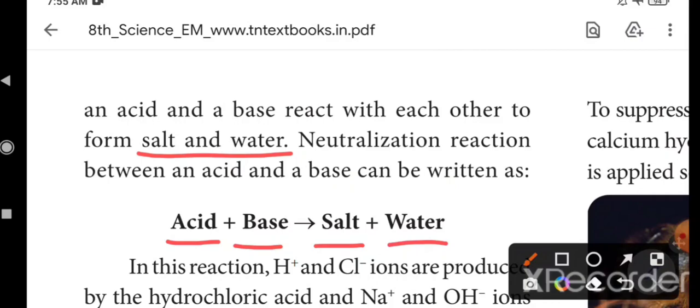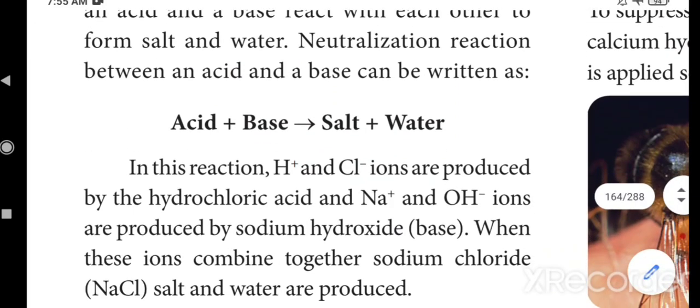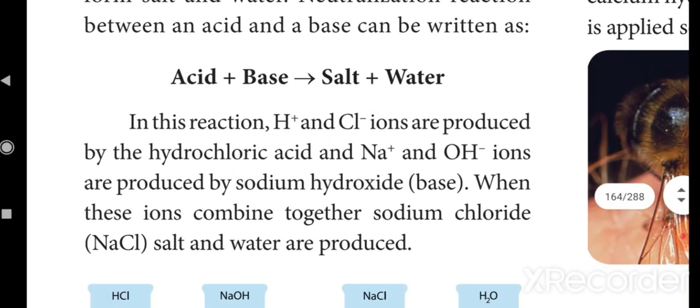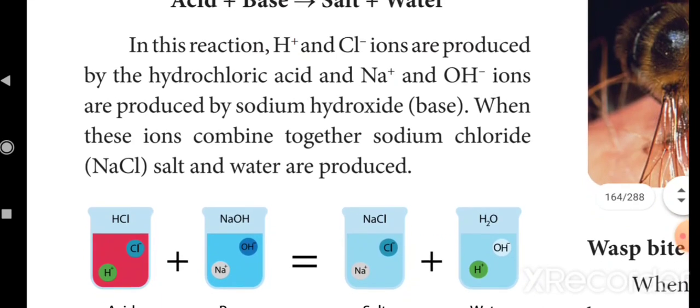Okay, for example, in this reaction, H plus and Cl minus ions are produced by the hydrochloric acid, and Na plus and OH minus ions are produced by sodium hydroxide base. Okay, now we take one acid, one base.